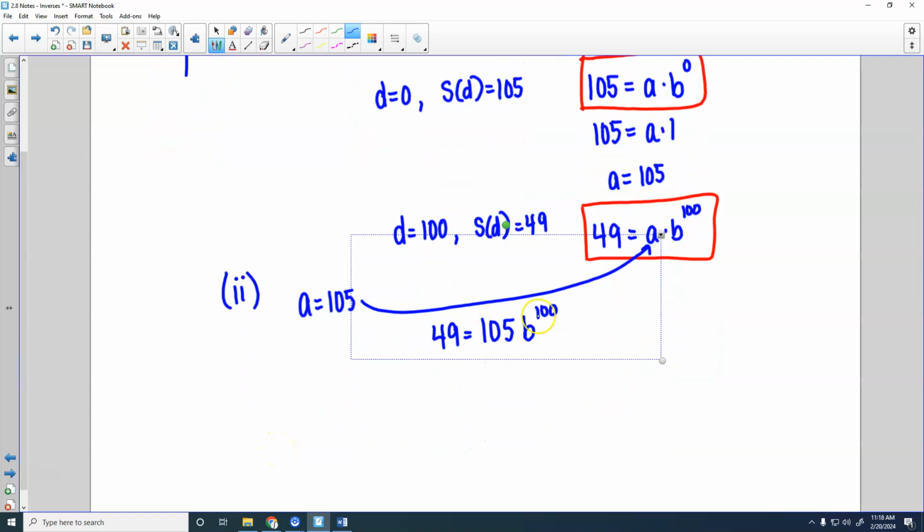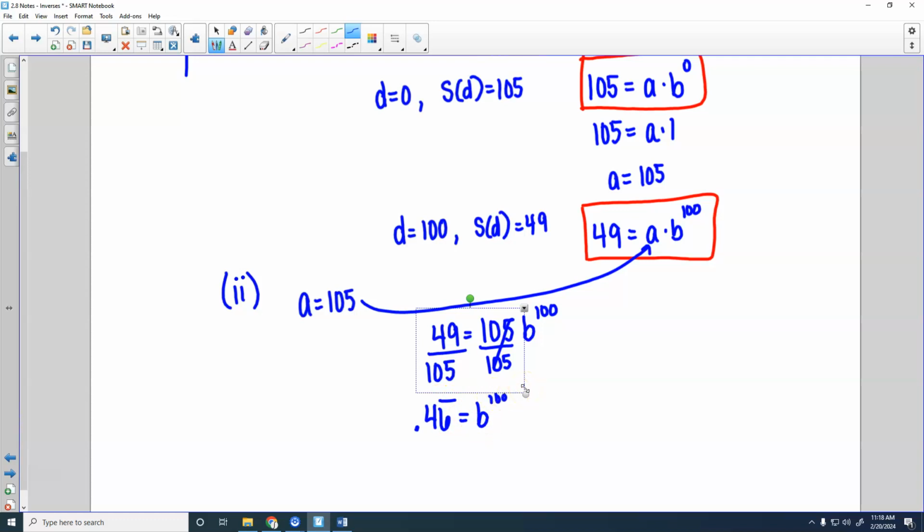Right? How do I solve this equation for the B? What would I do first? Yeah, we got to divide by that 105. And we're definitely using our calculator here. 49 divided by 105. 0.46 repeating equals B to the 100 power.